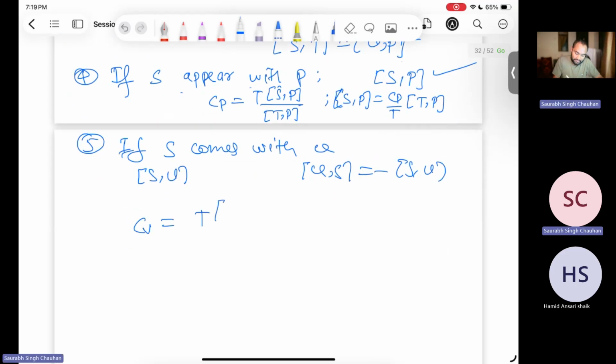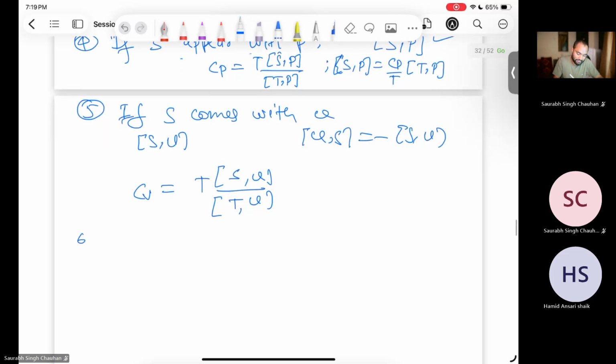CV was T times (S comma V) by (T comma V), Jacobian. And if the Jacobian relation contains P, T, V, then you will use alpha, beta, or alpha by beta.